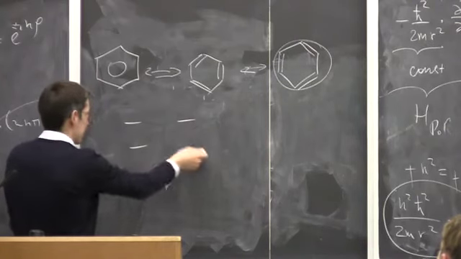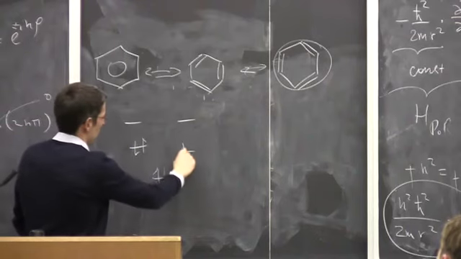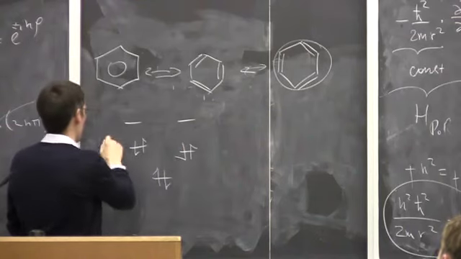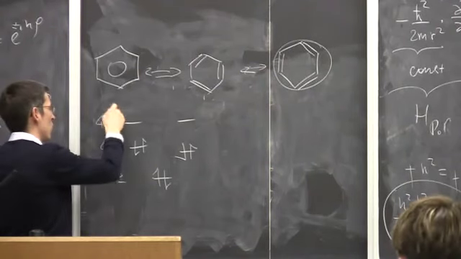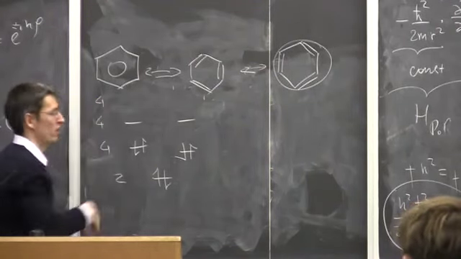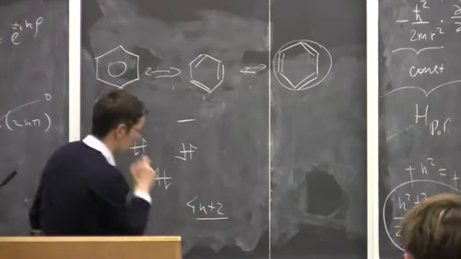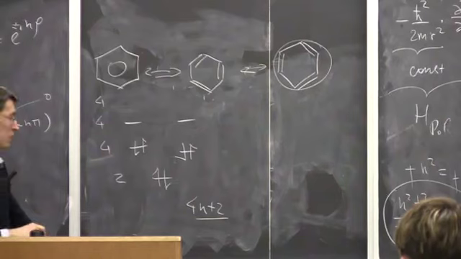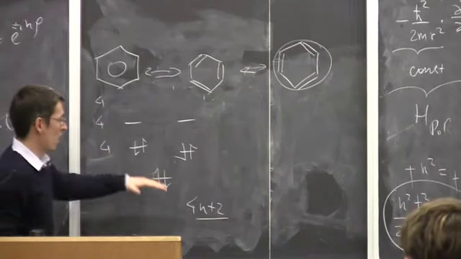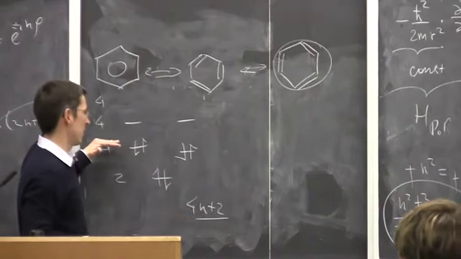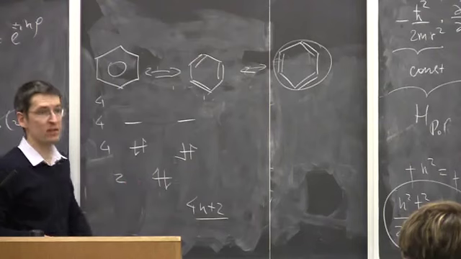Then the next layer will always contain 4, if you fill it, and the next one will contain 4, and the next one will contain 4. And so generally 4n plus 2 will be the number of electrons in systems where every layer is filled up, right?